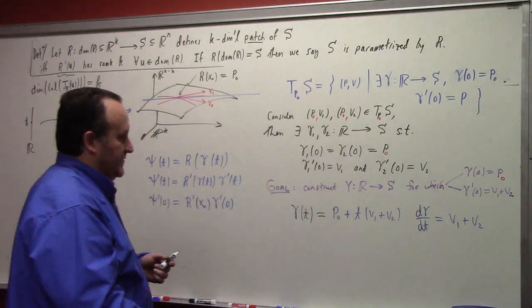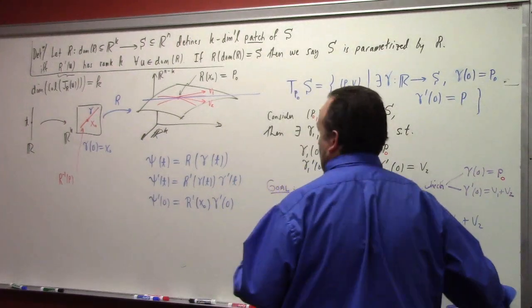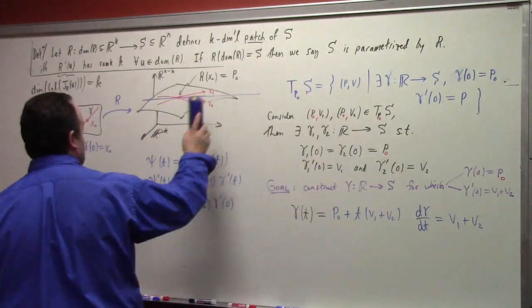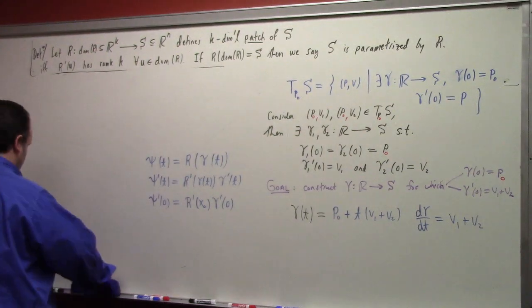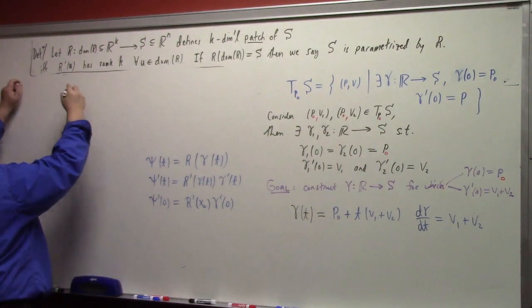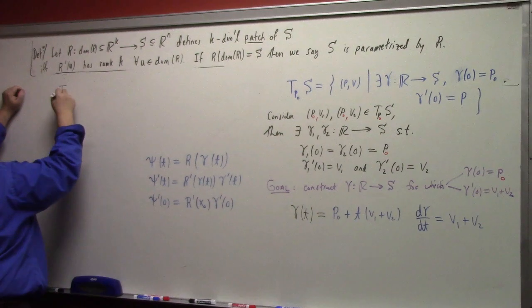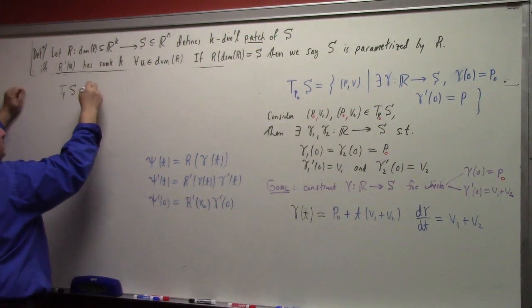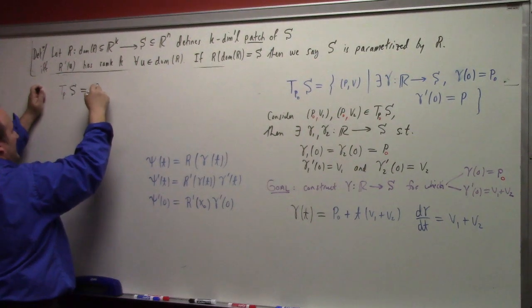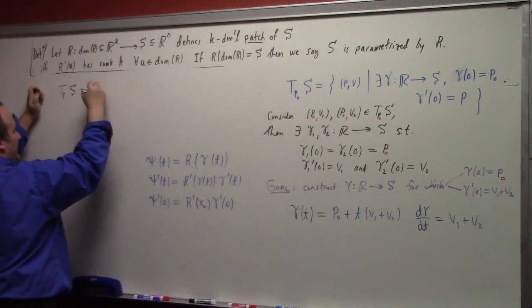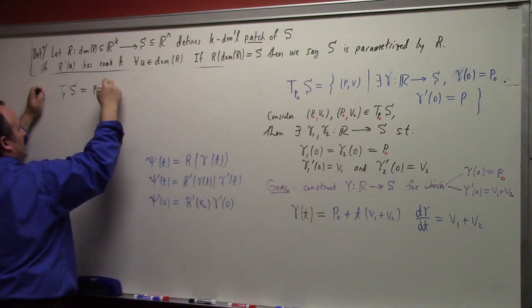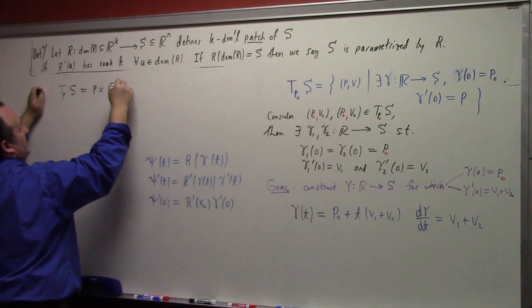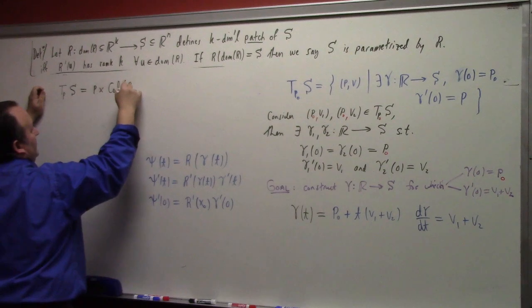And I guess I probably should stay over here, actually. So with this setup, the tangent space to P at S is equal to the column space. Excuse me, I have to decorate it. P, Cartesian product with the column space of R prime of P.